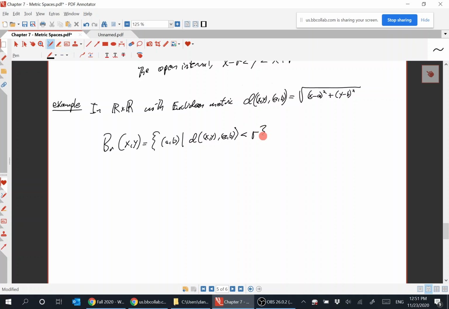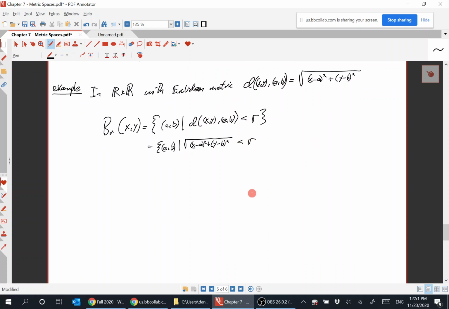is less than r. It's the set of all points whose straight line distance is less than r. Oops, put the square root thing there. Square root of x minus a squared plus y minus b squared less than r.